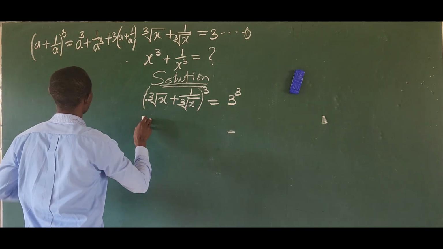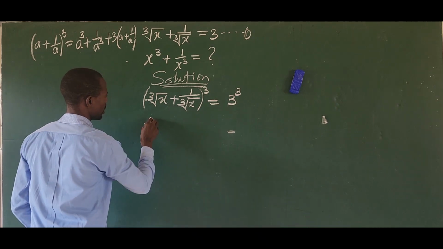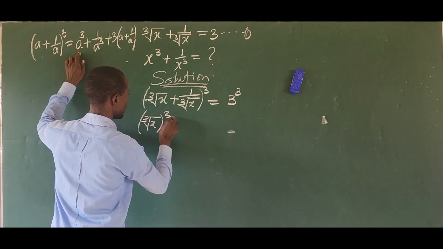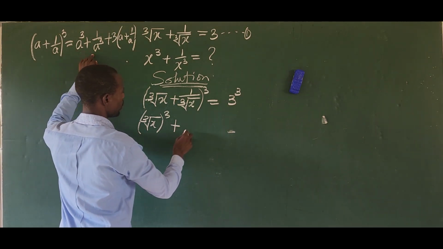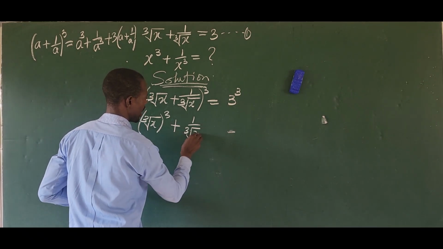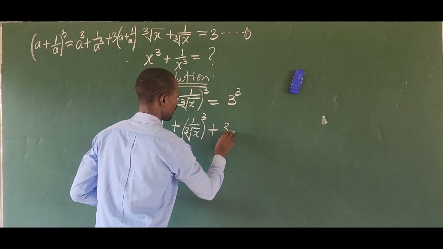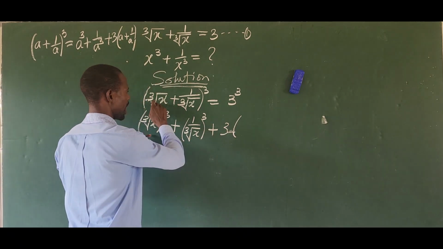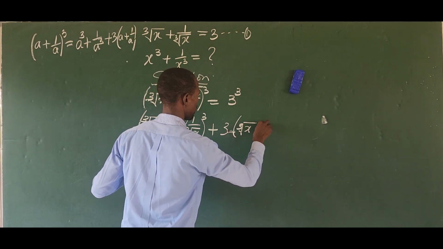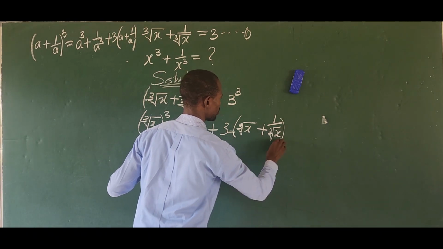So what does it mean? Our a here is the cube root of x. So this is going to give us the cube root of x, all raised to the power of 3, then plus 1 all over the cube root of x, all raised to the power of 3 again, then plus 3 into the cube root of x, then plus 1 all over the cube root of x, close bracket.